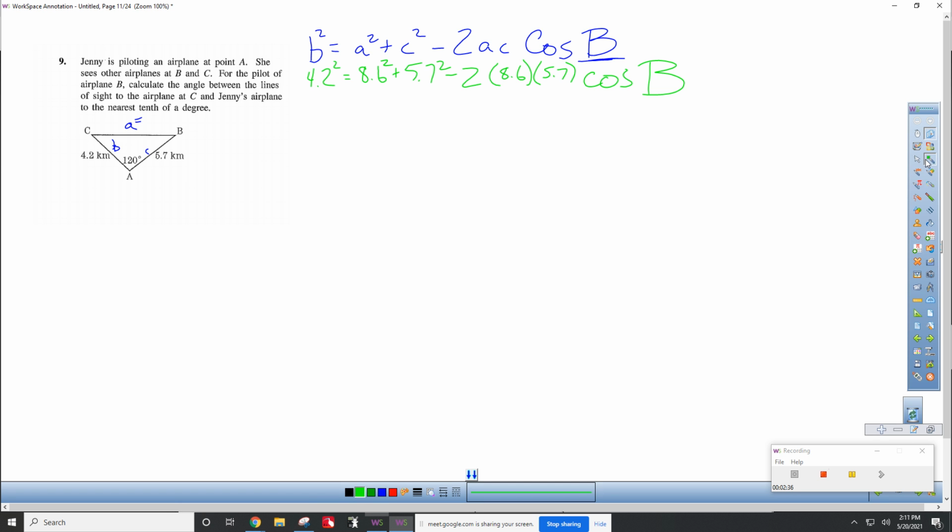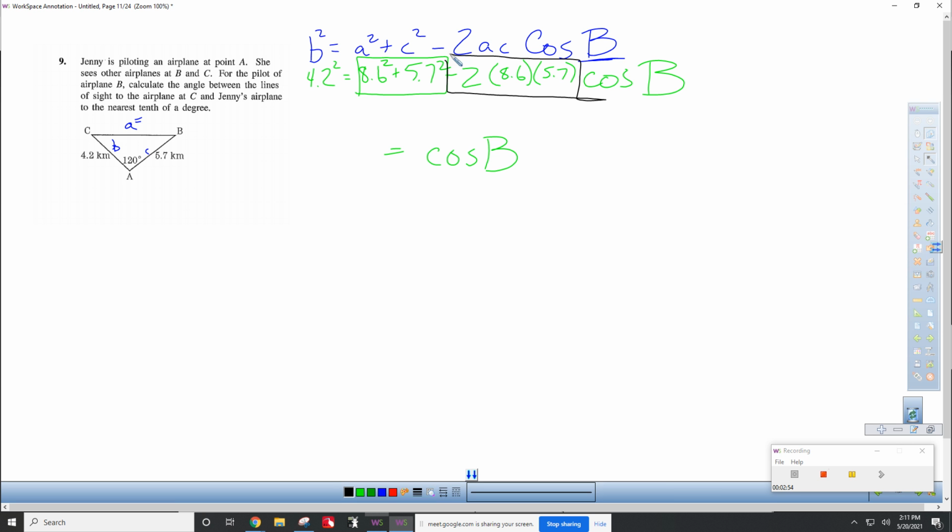All right, so how can I do most of this? So cosine of b equals, all right, so what I have to do is subtract all this and then divide by that, okay? So I'm going to do all that in one step on my calculator. 4.2 squared minus 8.6 squared minus 5.7 squared equals.